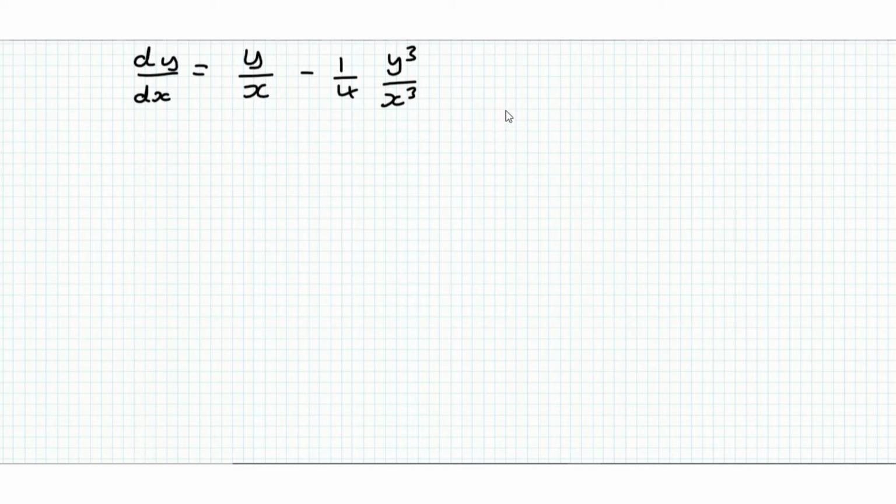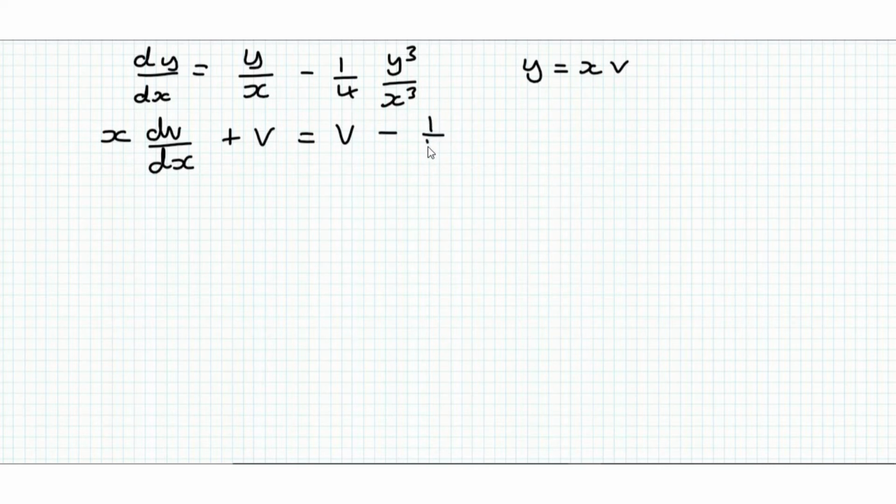So we're going to use our substitution, y equals xv, and putting this in gives us, as shown before, x dv by dx plus v equals, well, the y over x just becomes v, and then we get minus 1/4 v cubed.